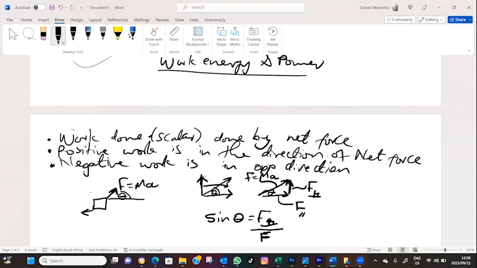So now your F perpendicular is given by your applied force times sine of theta.